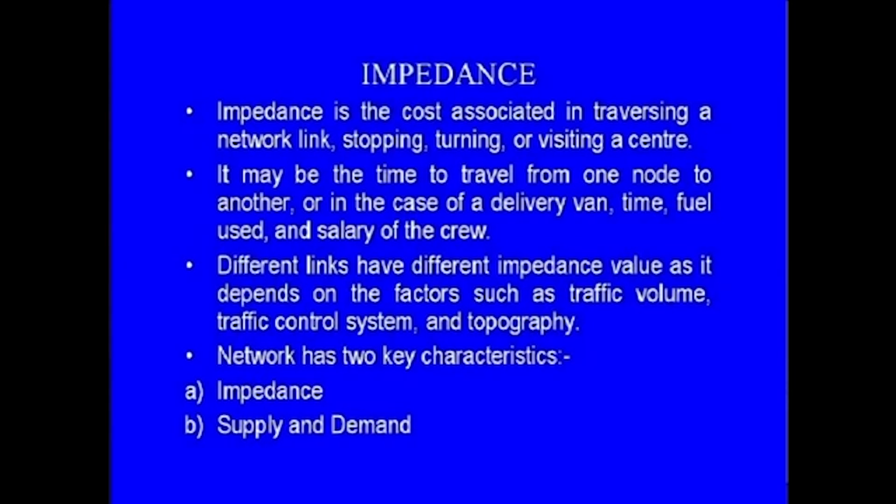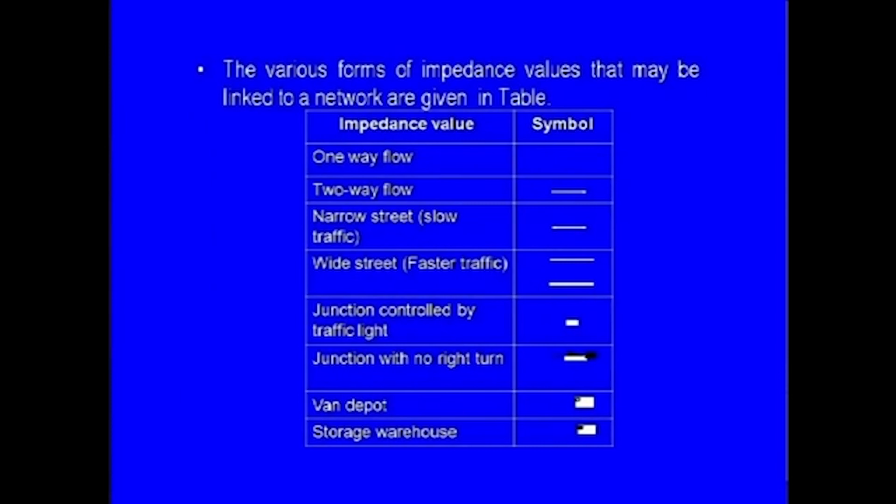A network has two key characteristics, that is impedance and supply and demand. The various forms of impedance values that may be linked to a network are shown in the table below. In this, the impedance values are shown and their corresponding symbols are also shown.